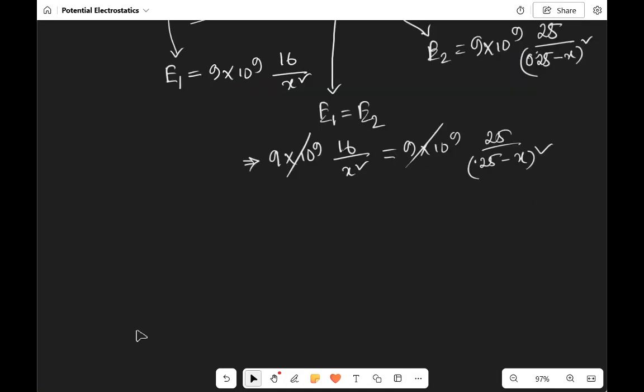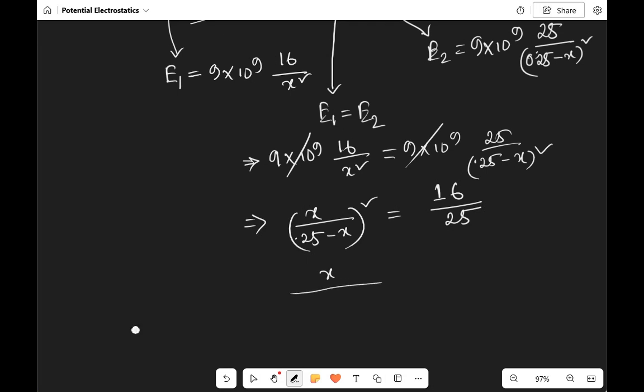So this one cancels out. So we could write down x over 0.25 minus x whole square equals 16 over 25. So x over 0.25 minus x equals 4 over 5.